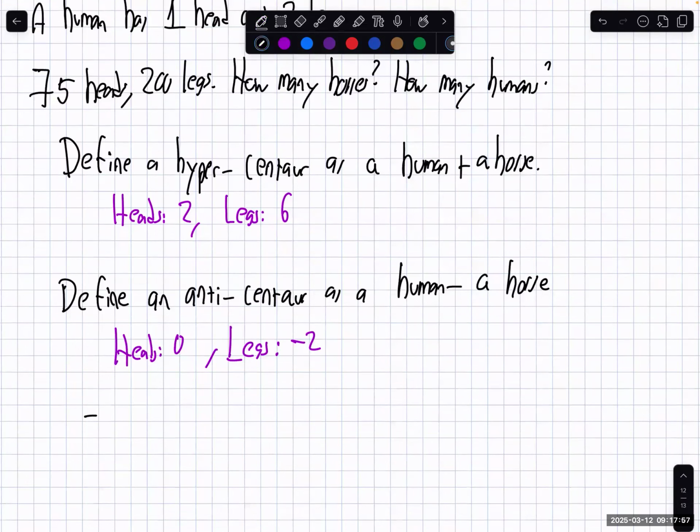Okay. Yeah, I guess we can do it this way. When I see 75 heads, how many hypercentaurs are there?